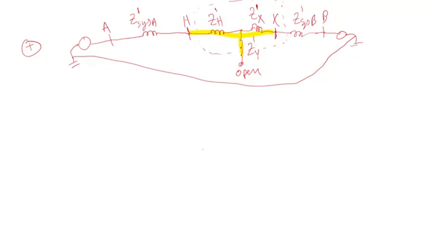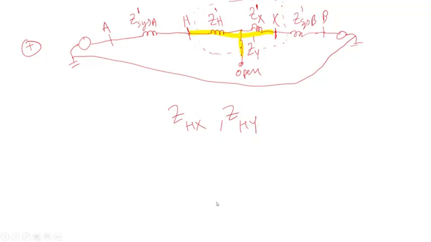What you would get from testing is ZHX, the impedance from the high side to the low side. Then you would get ZHY from the high side to the Y, and so on.